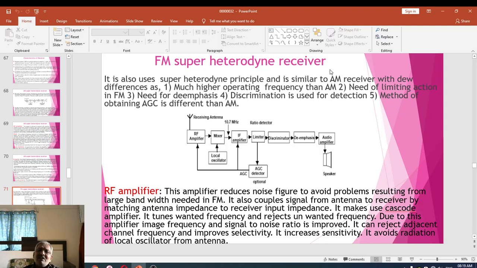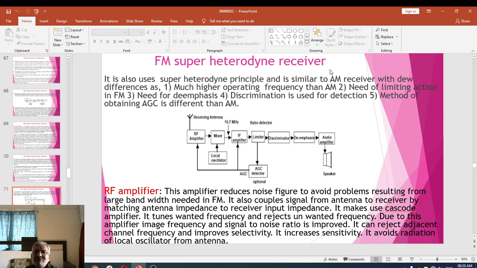It is quite analogous to the AM super heterodyne receiver with slight differences, and that is it makes use of some additional blocks which are not present in the AM super heterodyne receiver. The first one is the limiter circuit. The second difference is that it operates with a frequency range which is higher than the AM operating frequency.